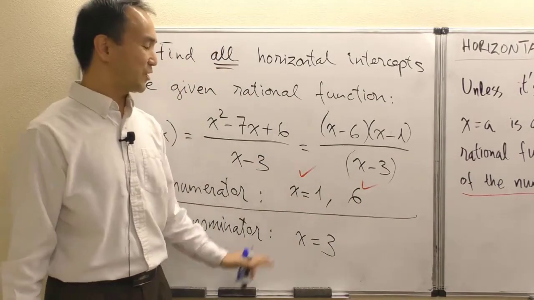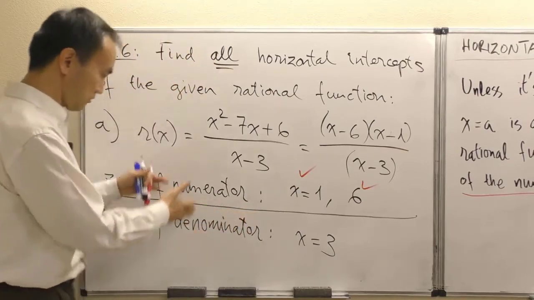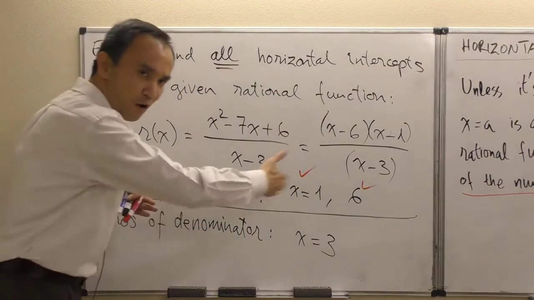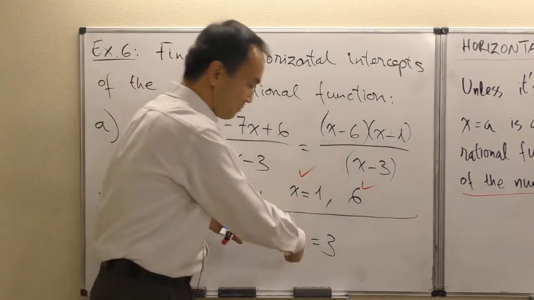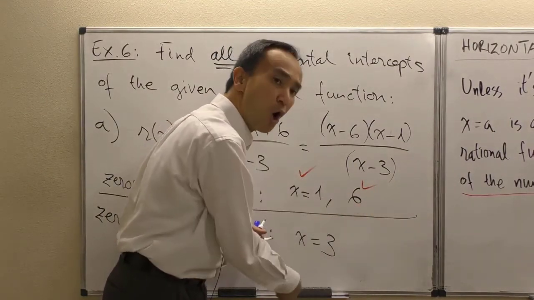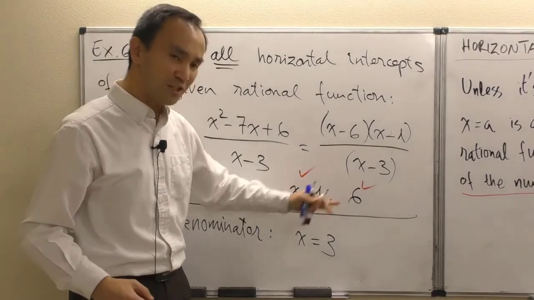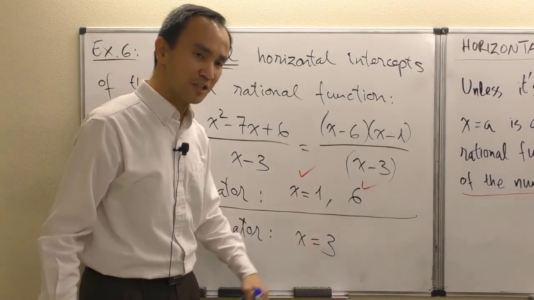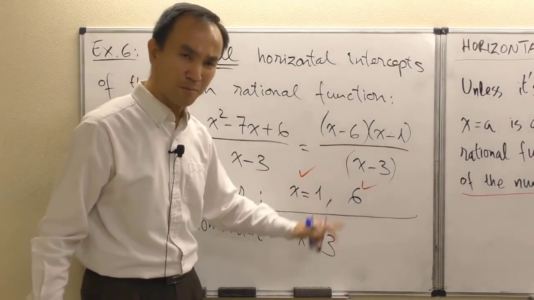So this method of mine lists out all zeros and matches them to filter out the ones that are in both rows, a row for the zeros in the numerator and a row for the zeros in the denominator. This is a personal approach I use.